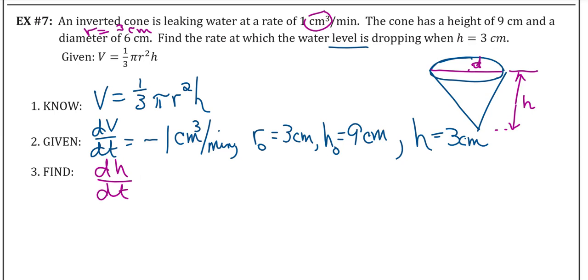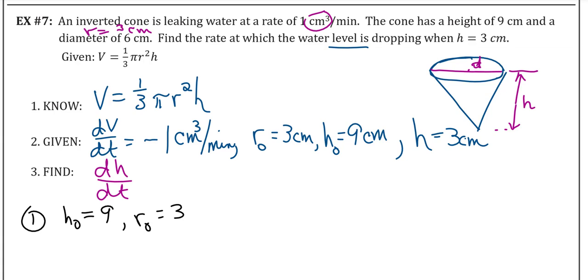What we don't have any information about is the rate of change of the radius or the value of the radius. So the idea is we want to eliminate that from our formula. We're going to start by coming up with a way to eliminate R out of our equation. What we want to look at is the fact that H when we start is 9 and R when we start is 3.